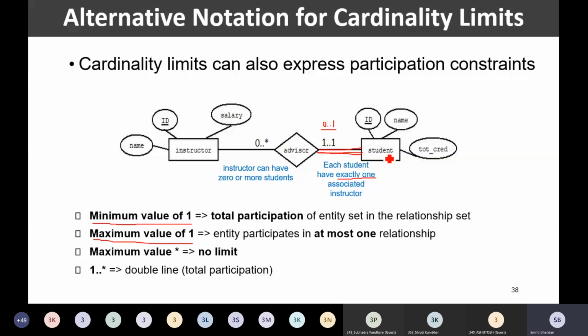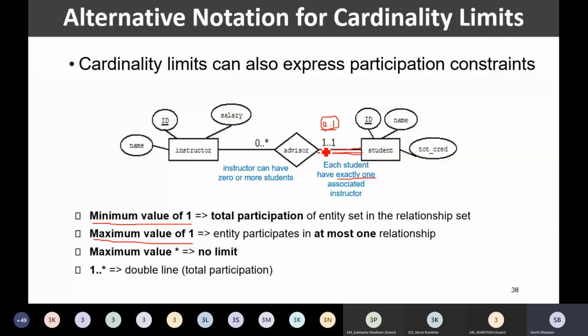So at the most one instructor is associated with the student as advisor. But if I have such a notation, 0 to 1, that means it may happen that a few of the students are not associated with any of the instructors, right?